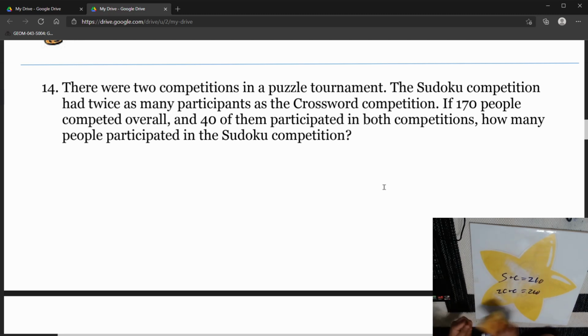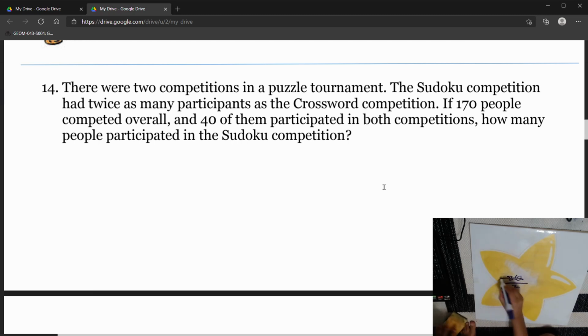Well, why are we doing that? Because it said that Sudoku is twice as many as crossword. So that's 2c basically. And we can also simplify 2c plus c equals 210 into 3c equals 210. And then we can bring 3 over there, and that becomes 210 divided by 3.